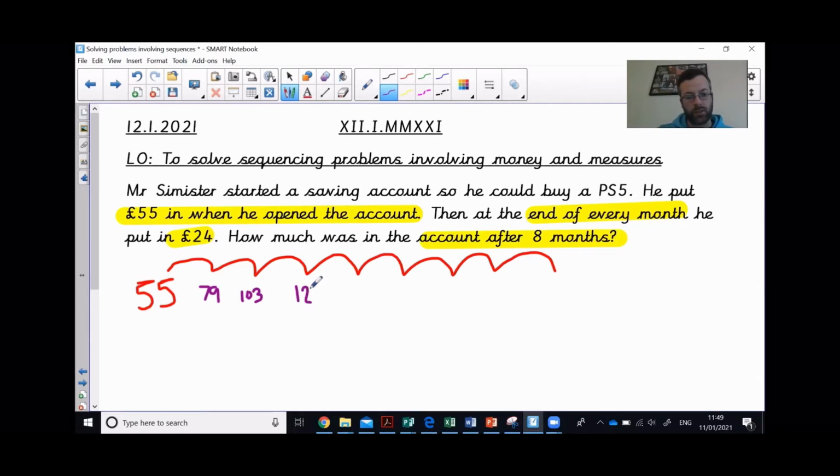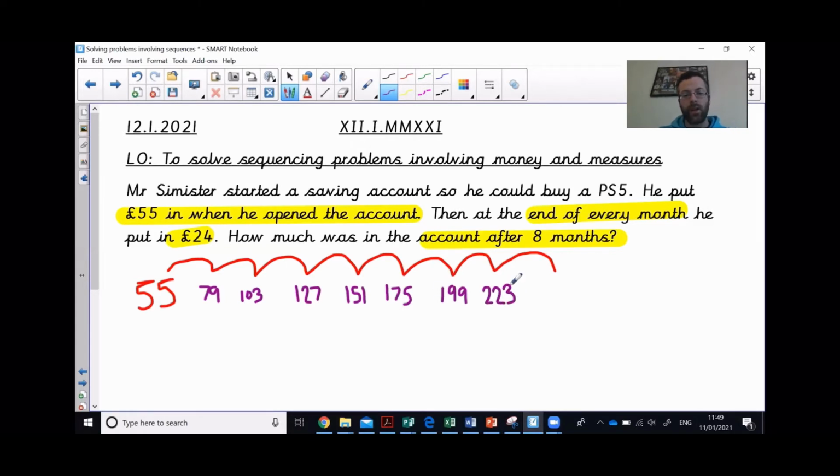127. Then 127 add 20 is going to be 147, add 4, 151. Then add another 20, this gets 171, add another 4, 175. Then add another 24, so 195, 199. Then add another 20, which is going to get 219, add another 4, 223.